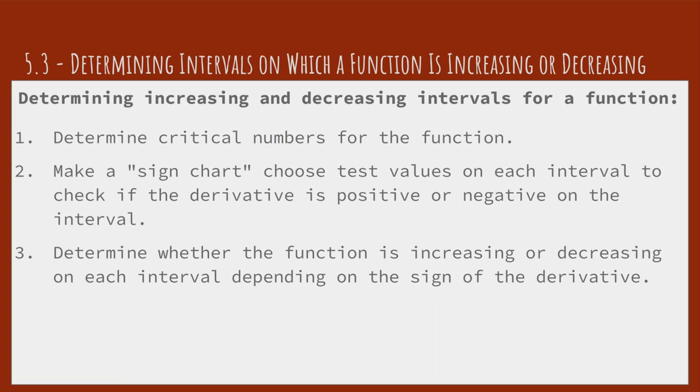Then what we want to do for finding intervals of decreasing and increasing behavior, we're going to make what's called a sign chart. And you'll see this in the examples that I do later. Basically, we're going to put the critical numbers on a number line, and then we're going to test values on the intervals between those critical numbers.